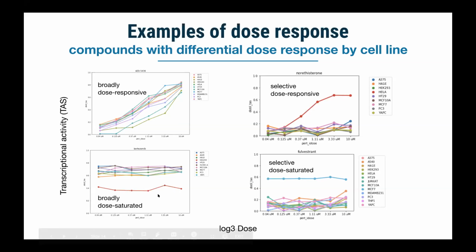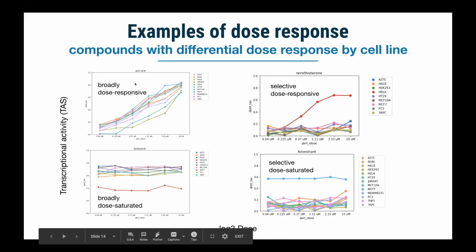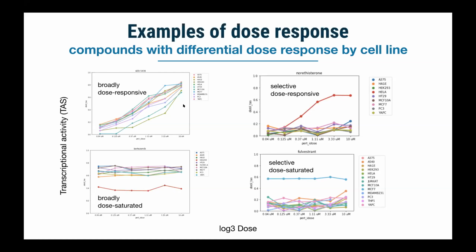For example, there's this compound here, AZD5438, which I think is a CDK inhibitor, that is broadly dose responsive. In all the cell lines in which it was tested, it gives a pretty consistent dose response. The signature gets stronger with dose, as opposed to a compound like bortezomib, a proteasome inhibitor, which is universally strong at all doses, in all the cell lines.